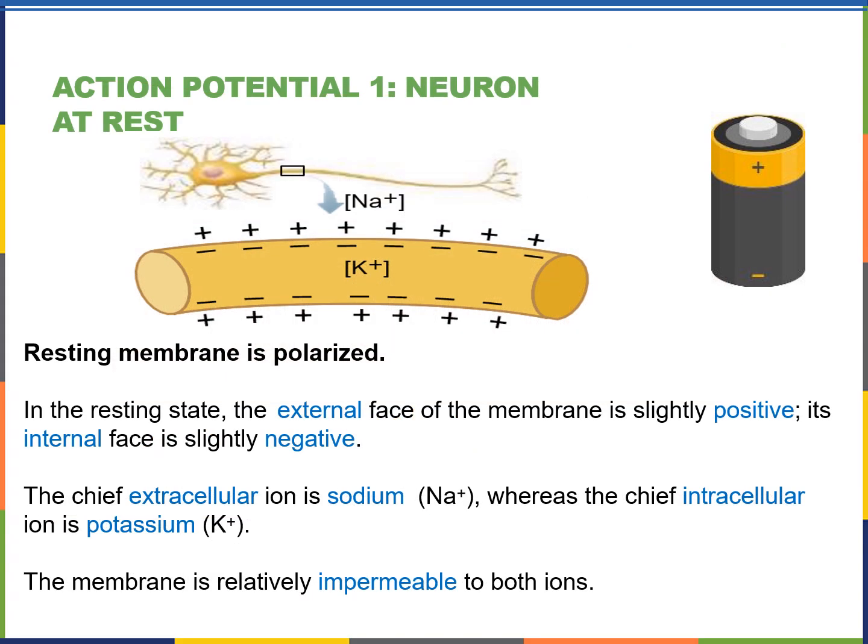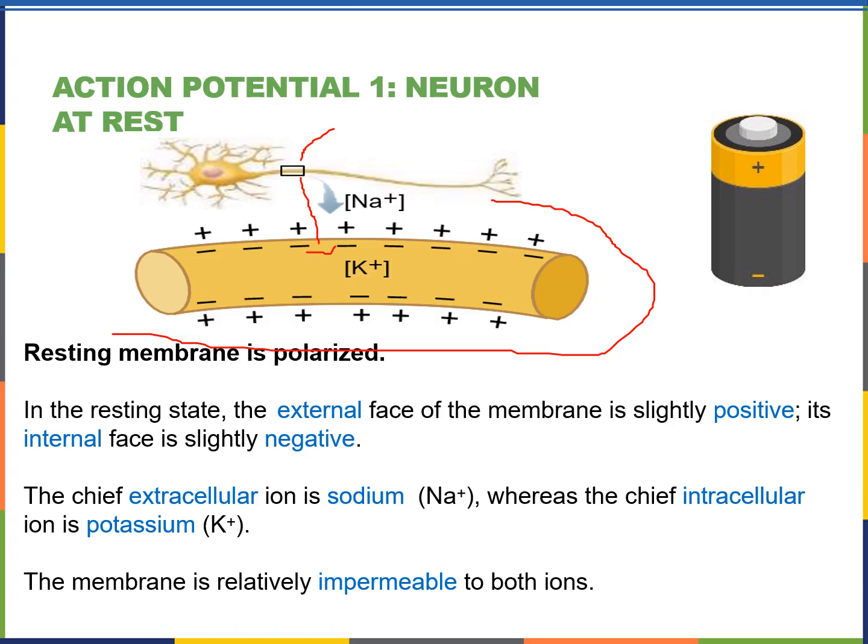So here's our neuron at rest. In this diagram, we're just looking at a small part of the neuron. And so we see sodium ions are on the outside, potassium ions are on the inside of the membrane.